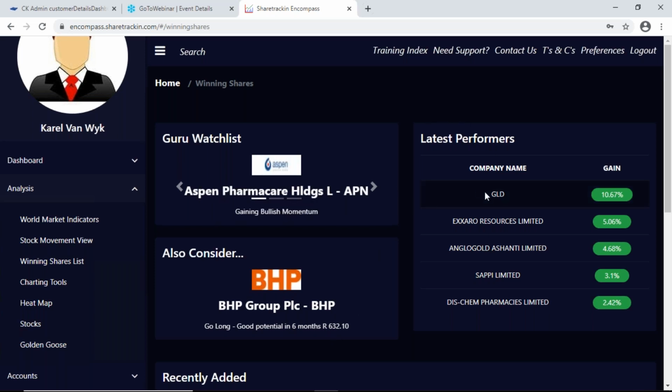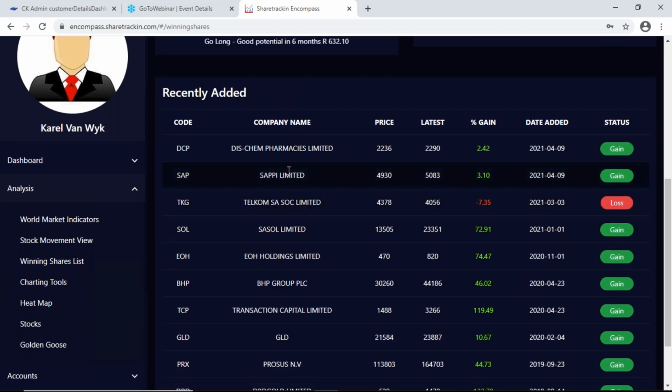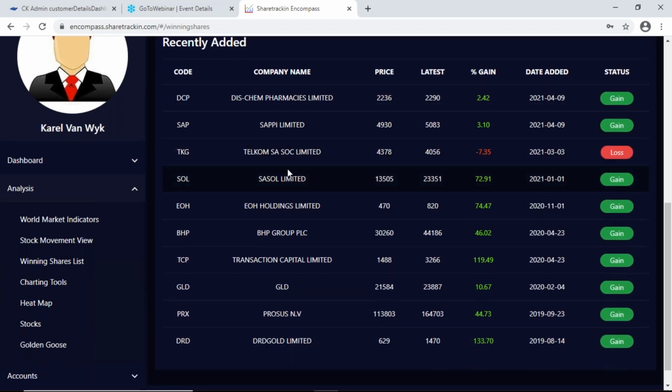Latest performers are shares that have been added to the winning shares list, but only started performing well quite recently. Recently added was the last shares that she added. So these are the last 10 shares that she added onto the winning shares list. I get the company's code, I get the company's name.